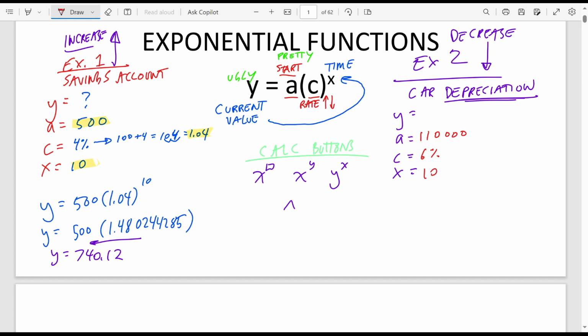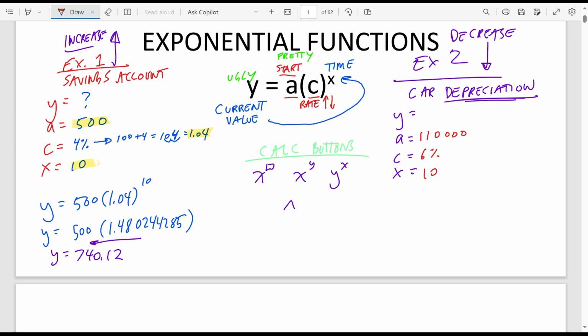Okay? So here's the scenario. The 6% now is what I'm losing per year. But I'm not necessarily concerned in terms of how much she's losing per year. The question I'm being asked is, what's the value of the car 10 years down the road?